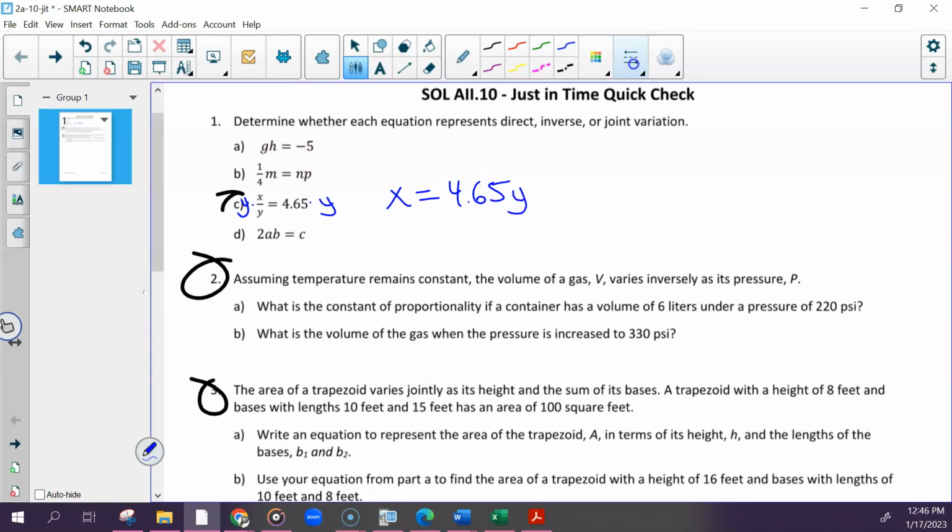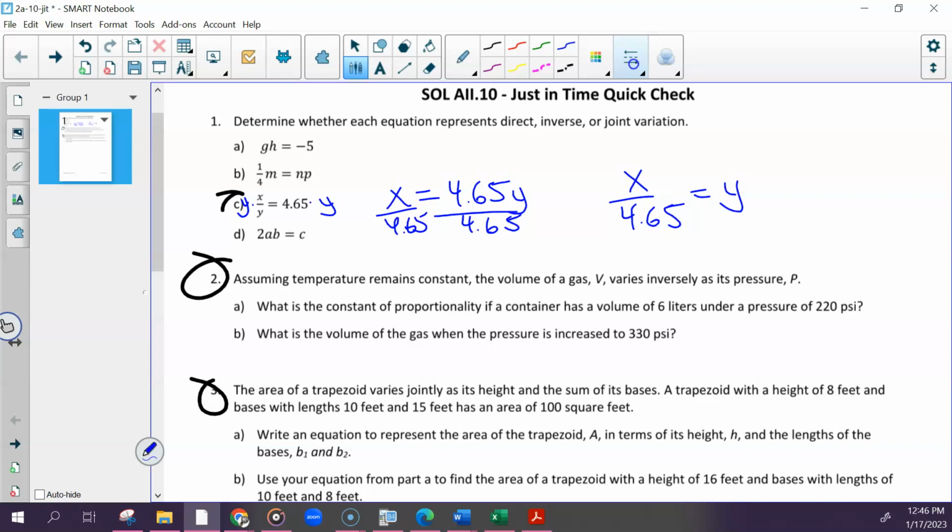And then after we do that, we're still trying to solve for y. Divide both sides by 4.65. So we have some x over 4.65y equals y.